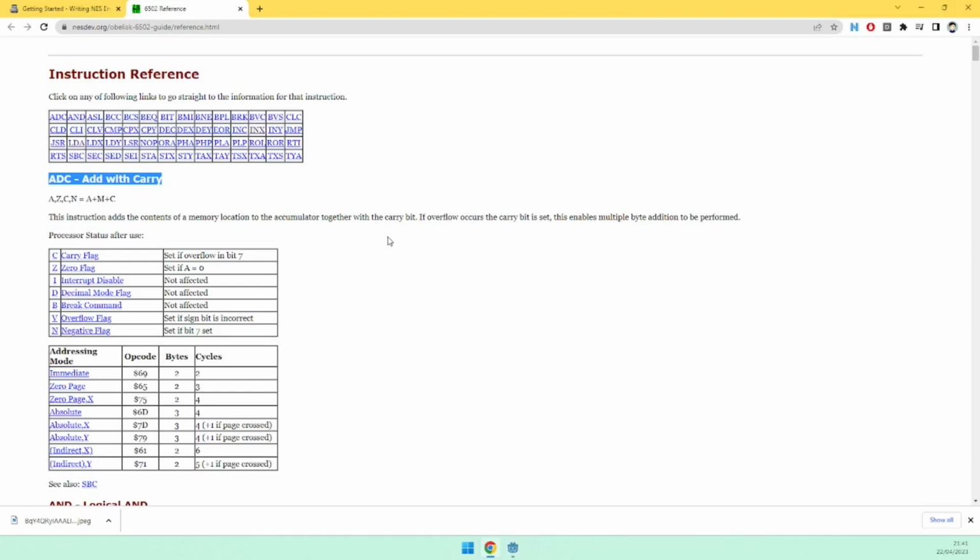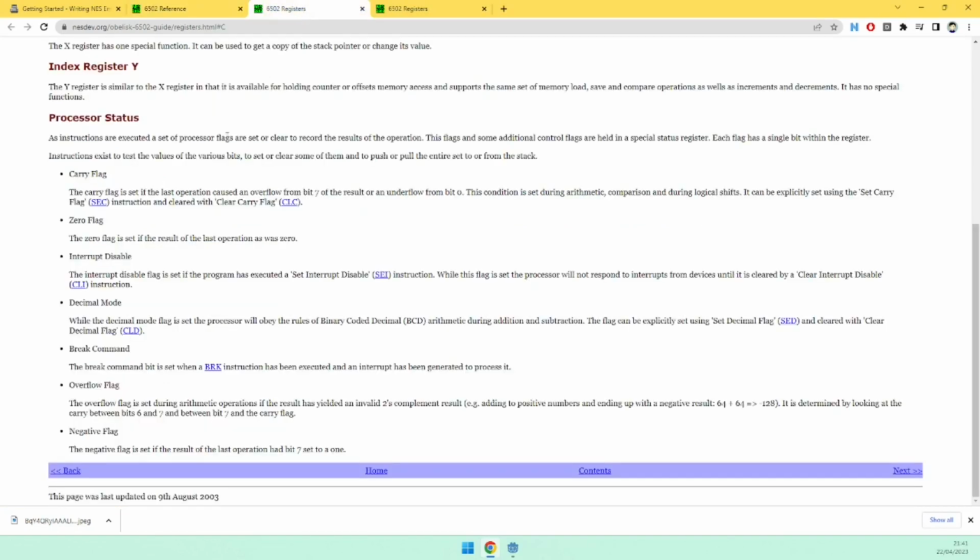And now I need to update the carry flag. So I need to update the carry flag and the overflow flag. Let's try to check what they mean. The carry flag is set if the last operation caused an overflow from bit 7 of the result or an underflow from bit 0.